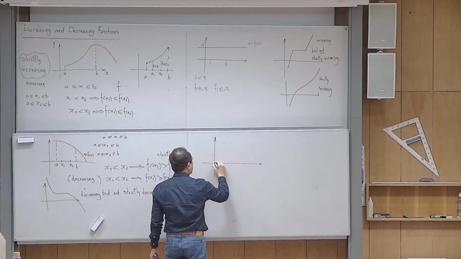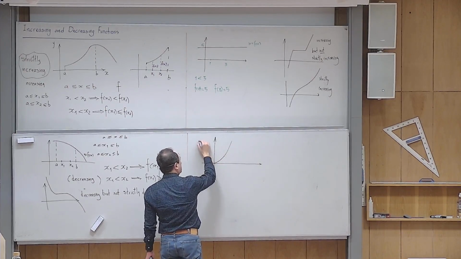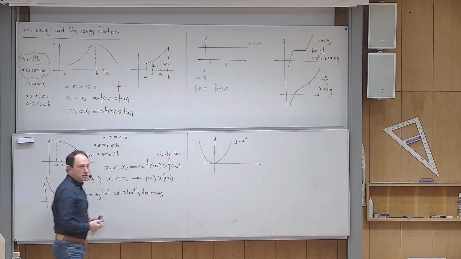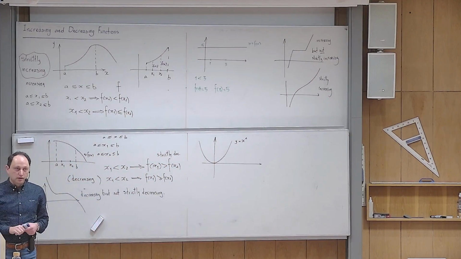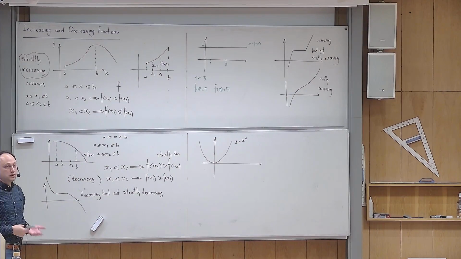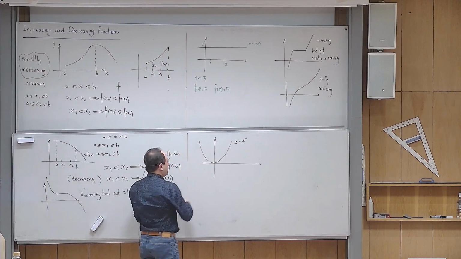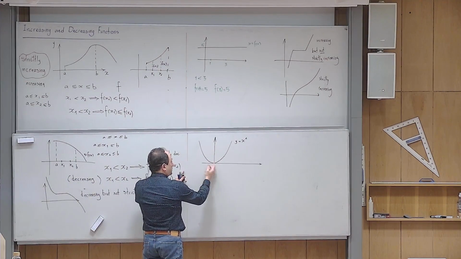For example, the famous graph that we have here, y equals x squared. If I say this function is increasing, that is not correct. If I say that this function is decreasing, that is not correct either. Yes? Because this function is decreasing on the interval from 0 to the left.